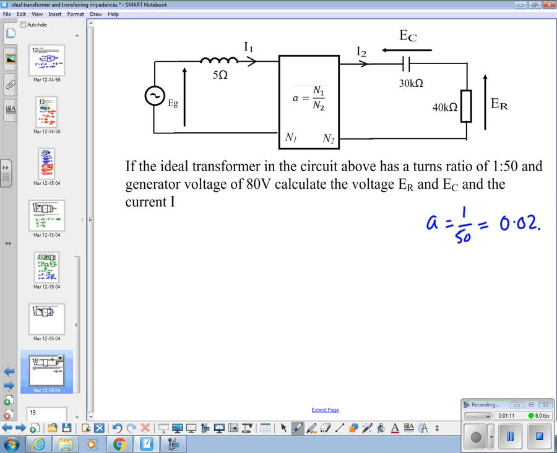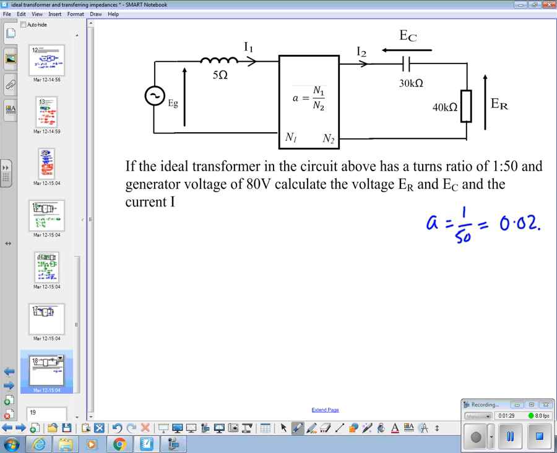It's quite handy. I've given you the capacitor and inductor values as impedances rather than inductance and capacitance, so we haven't got any calculating of reactances. I've given you the values in ohms.